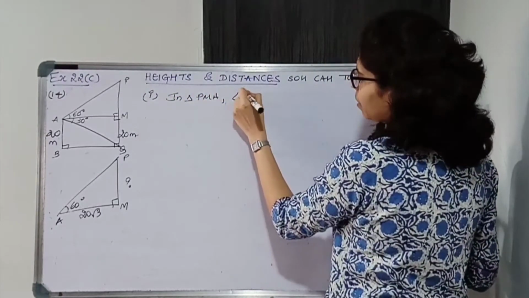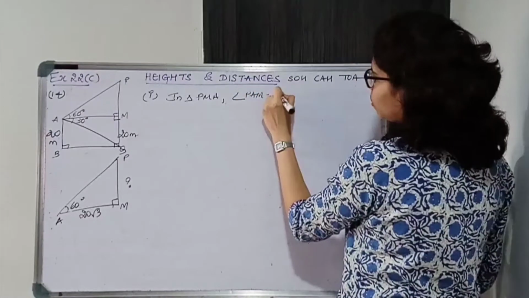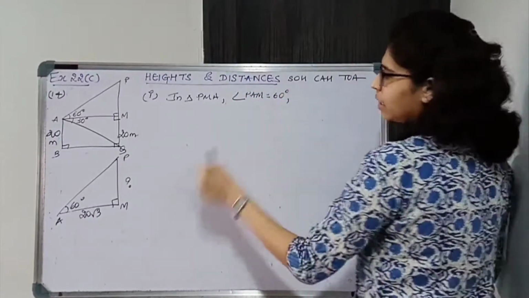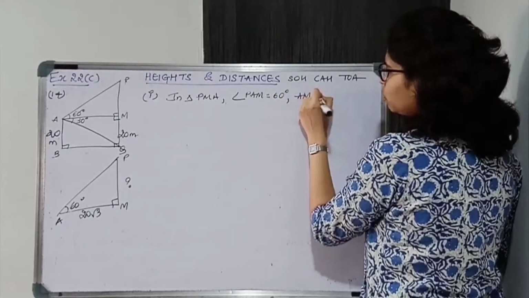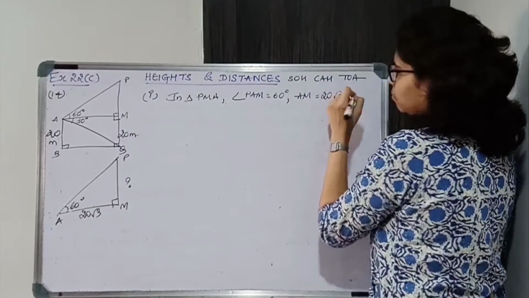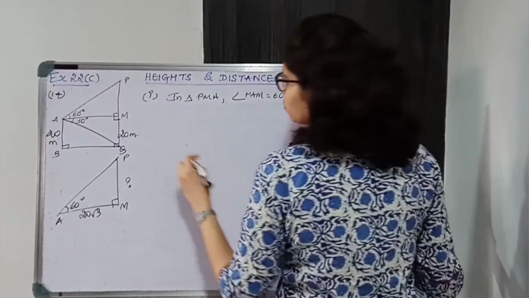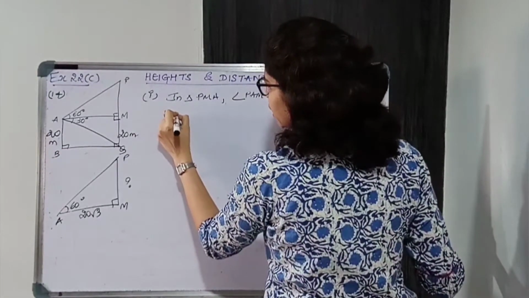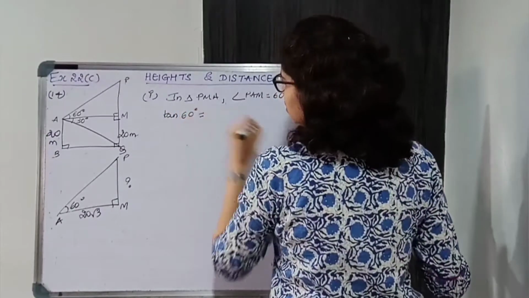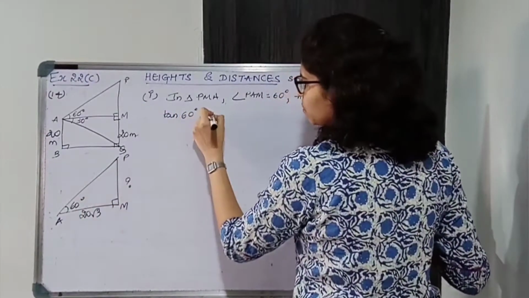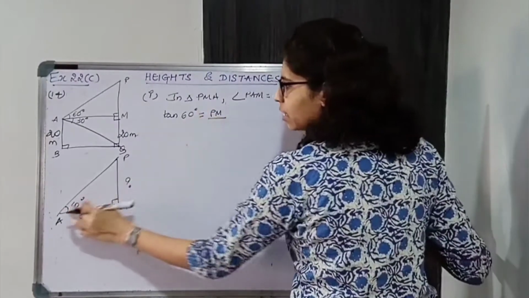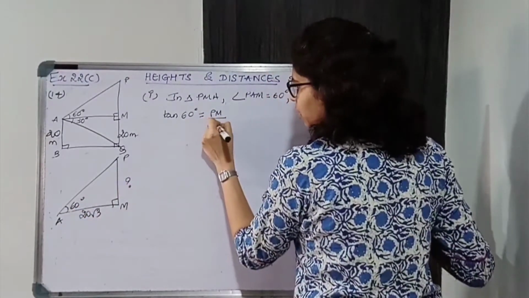Angle PAM is equal to 60 degrees and AM is equal to 20 root 3. Correct. So tan 60 is equal to the angle's opposite that is PM upon the angle's adjacent that is 20 root 3.